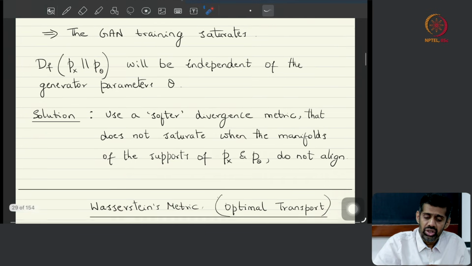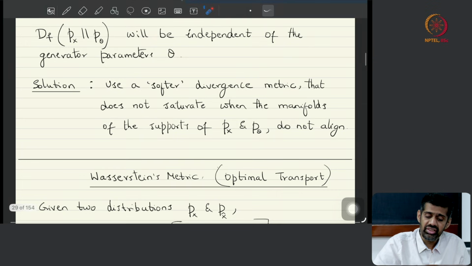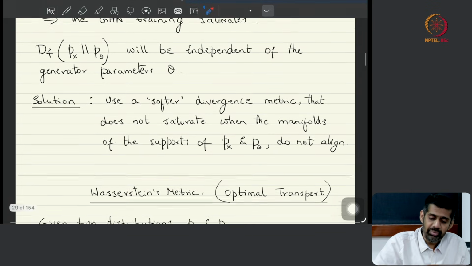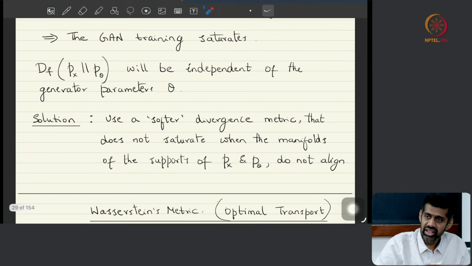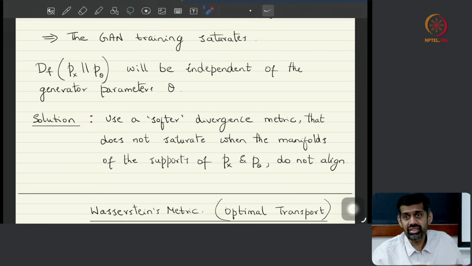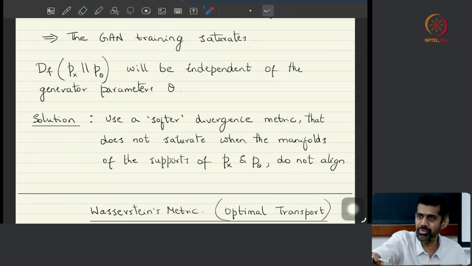Okay. What is the solution for this? One can actually show that if you find a perfect discriminator, the divergence metric that we will be computing, the F divergence, will be independent of the generator parameters theta. That is all saturation means: the moment the objective function becomes independent of theta, it is done. You cannot push the generator parameters any further.